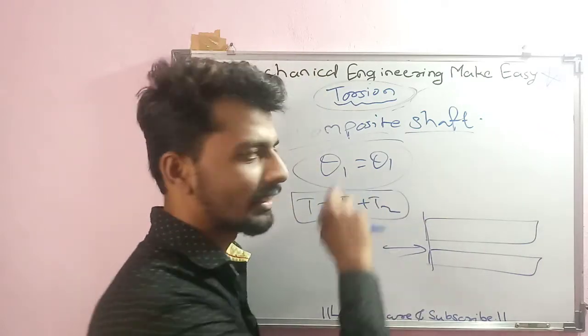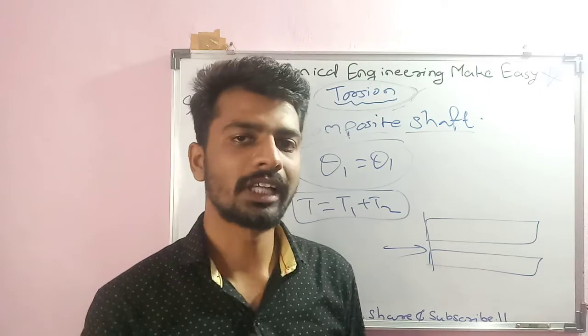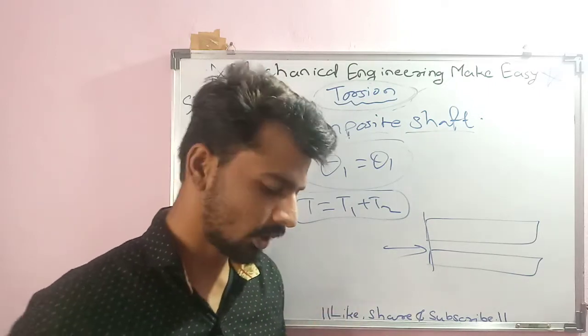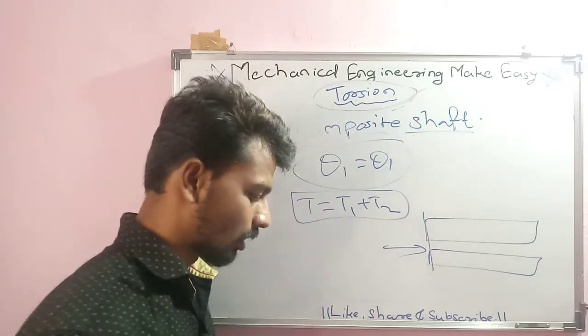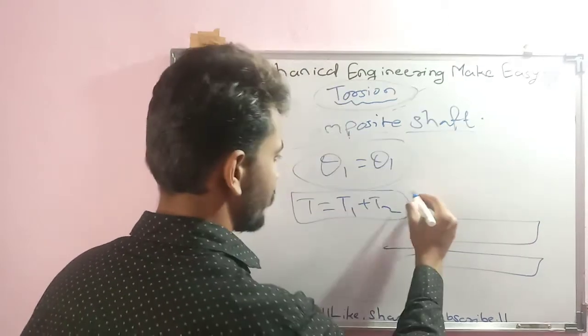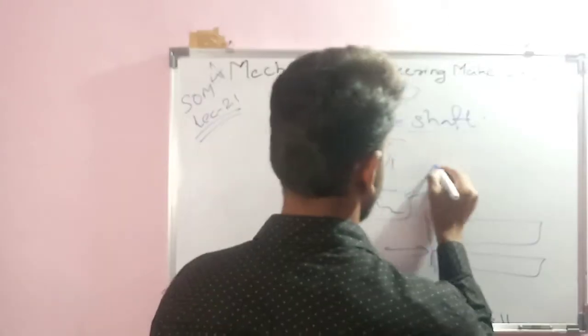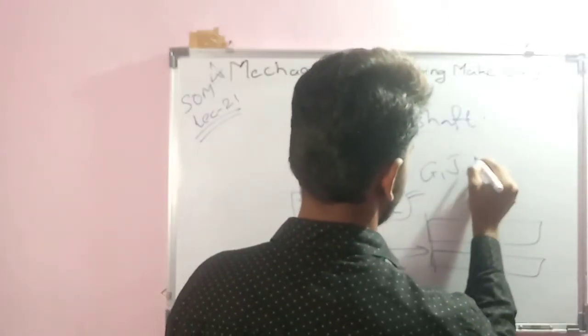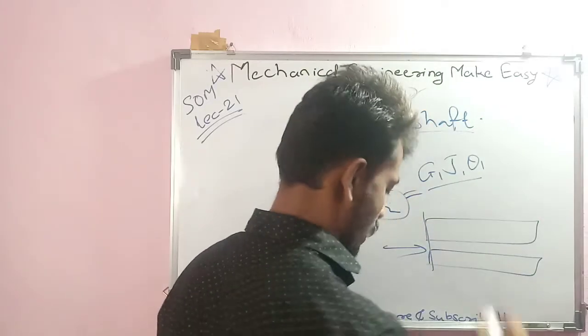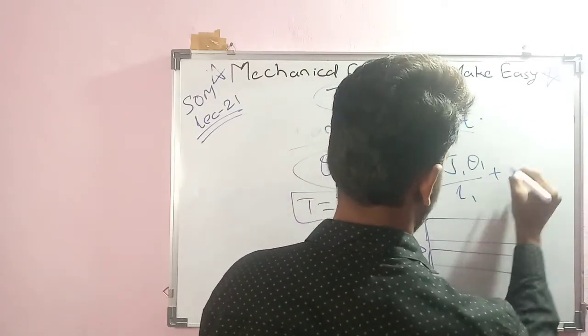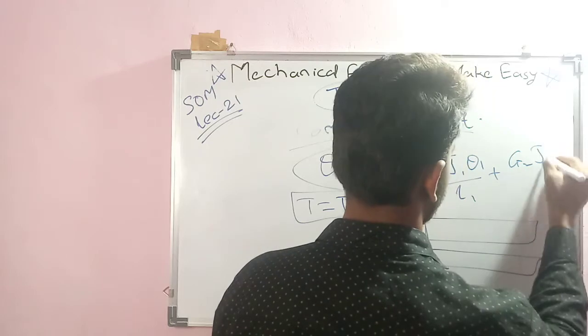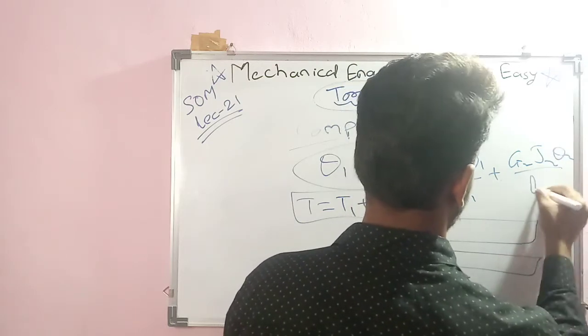Here it is directly the reverse. So again we can calculate T1 and T2 as G1 J1 theta 1 upon L1 plus G2 J2 theta 2 upon L2.